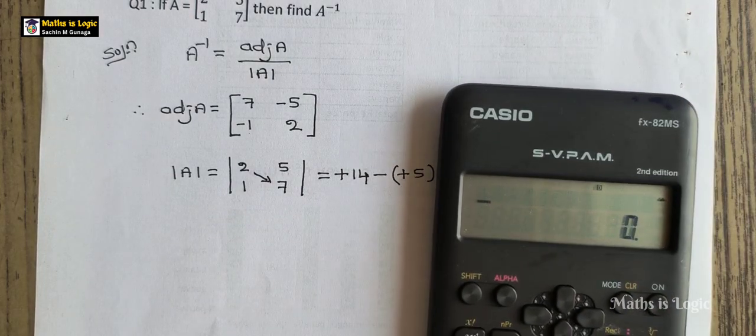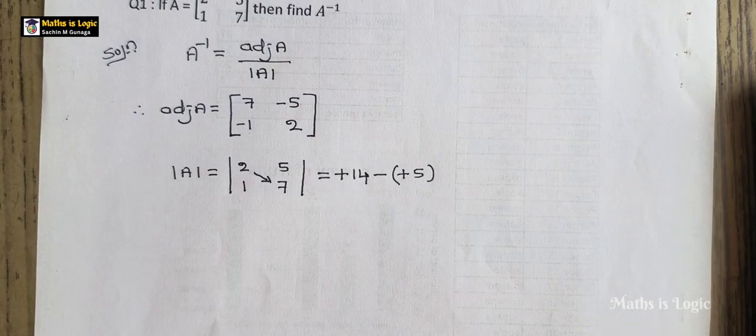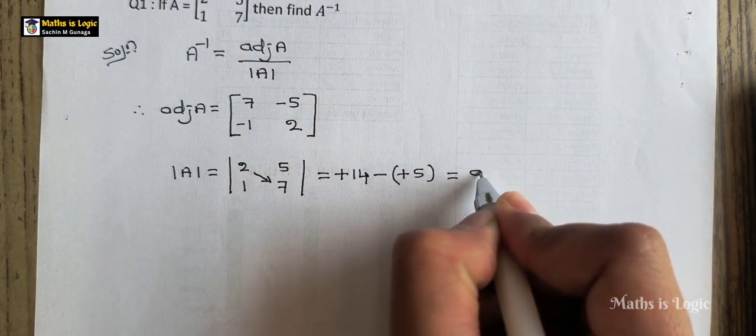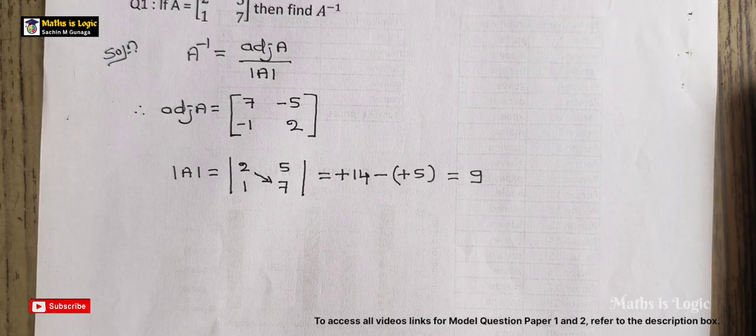Again use the calculator. So plus 14 minus of, in bracket, plus 5. What is the answer? 9. So write here 9. So this is the value of determinant of A.